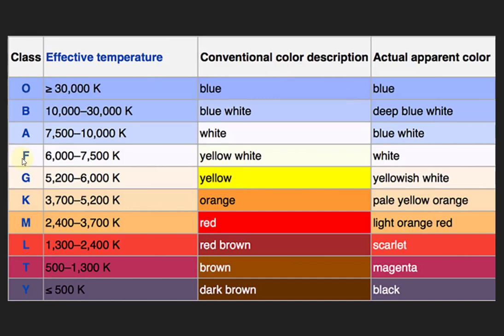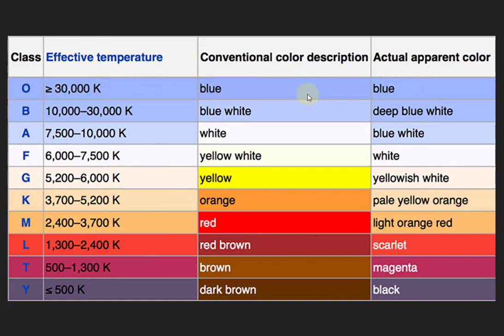The surface temperatures of the stars are easier to remember if we classify them according to surface temperature. So we have something called spectral classes of the stars. These spectral classes also tell us what color the stars happen to be. As an example, the O stars are stars that are hotter than 30,000 degrees Kelvin.